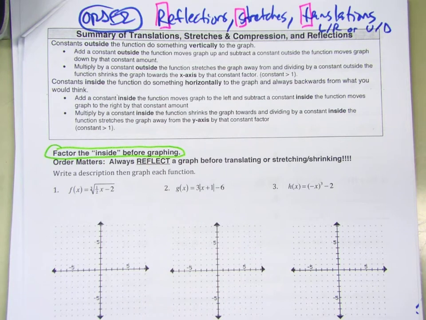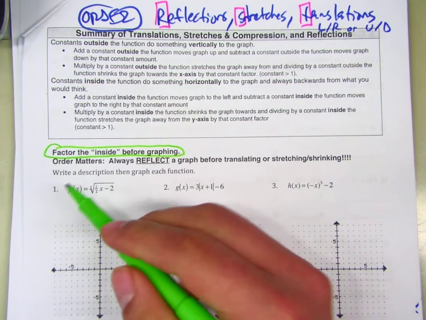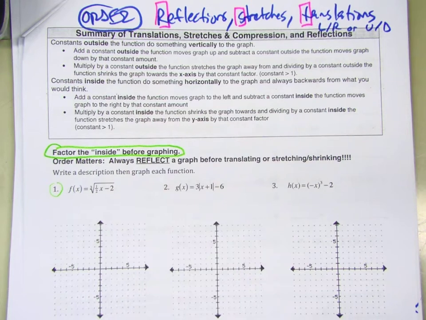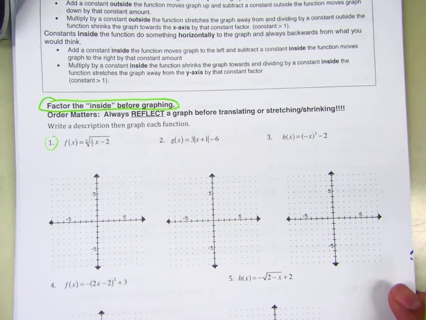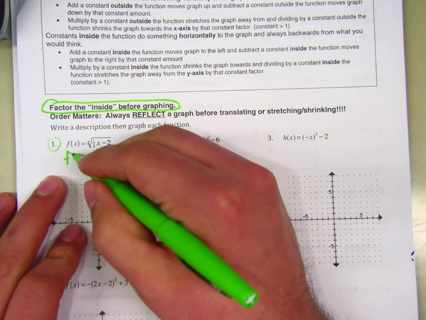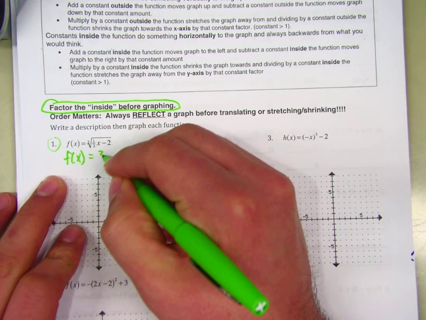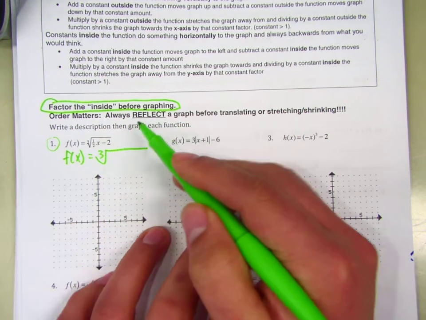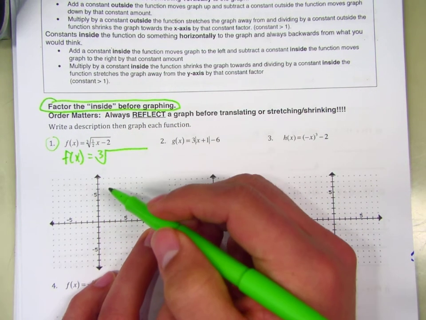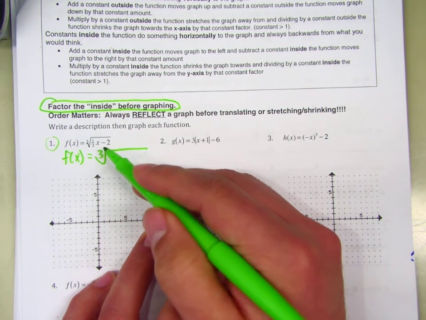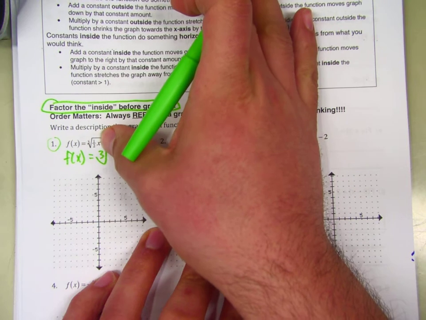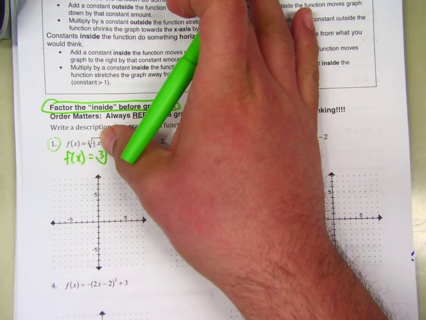Okay? So I'm going to do number 1. And I'm going to rewrite this. And here's a perfect example of factoring on the inside. If this minus 2 weren't there, I could just start figuring this out right away.